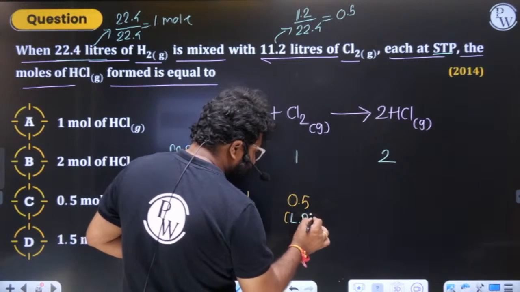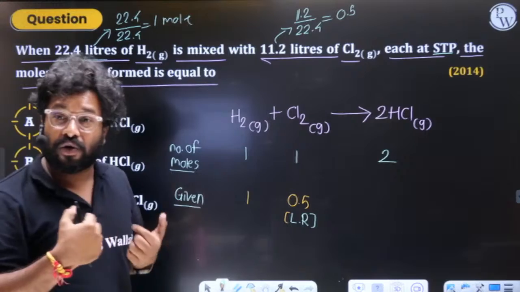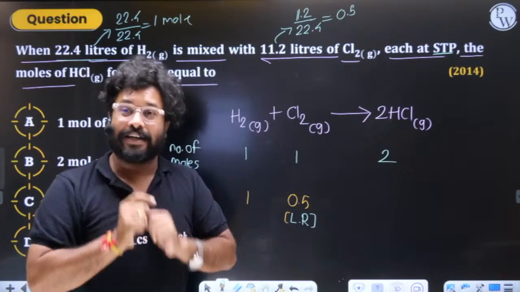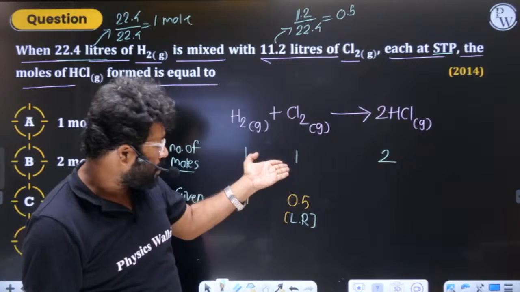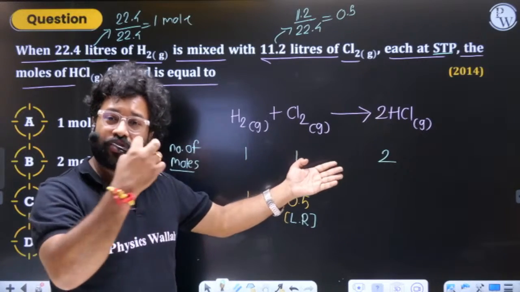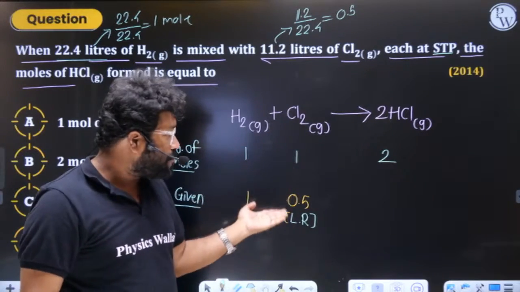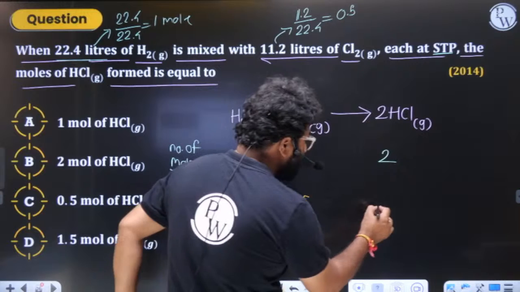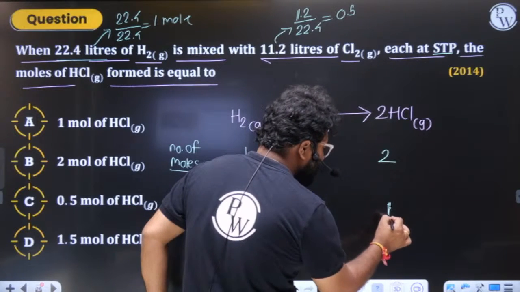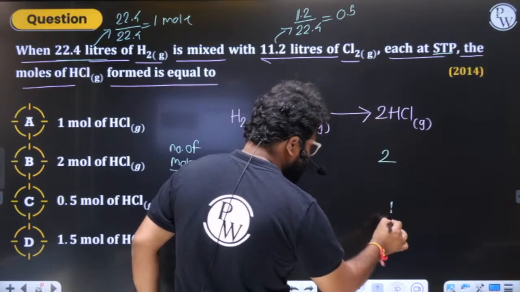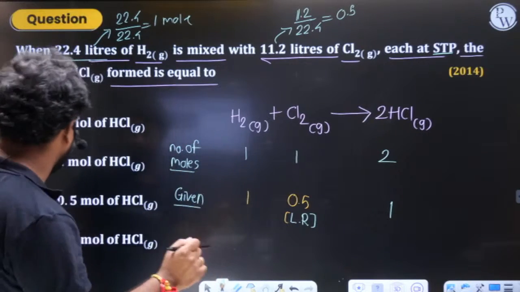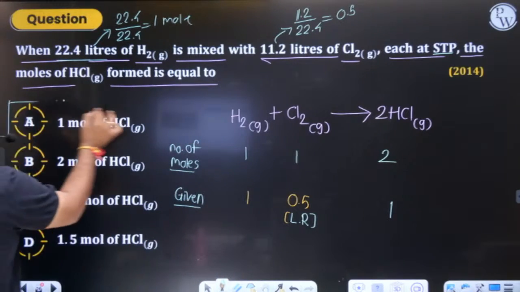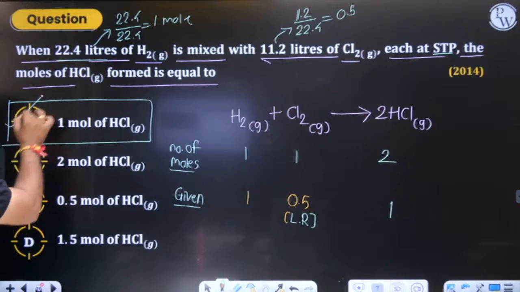It is the chlorine which decides the amount of product that is going to form. So 1 mole of chlorine gets us 2 moles of HCl. Therefore, half mole of chlorine would get us 1 mole of HCl. And that is why the correct answer is going to be 1 mole of HCl. So option A is the correct answer here.